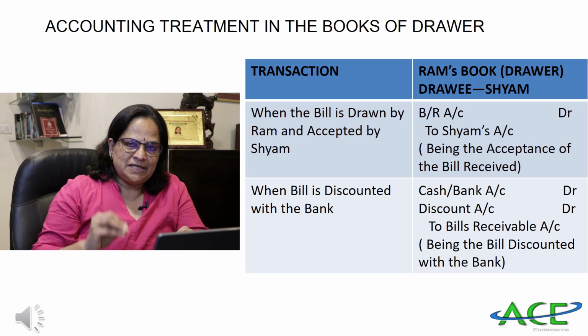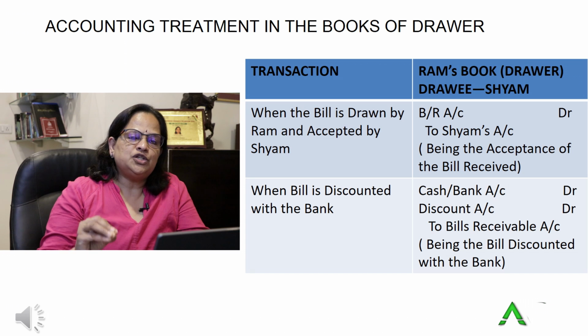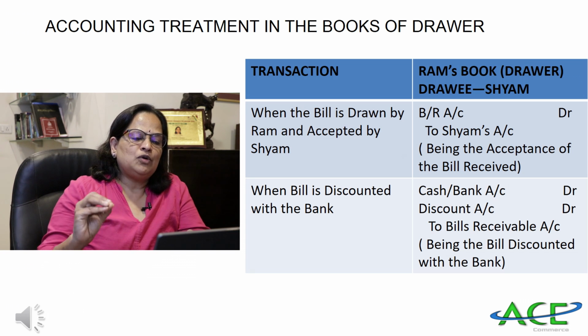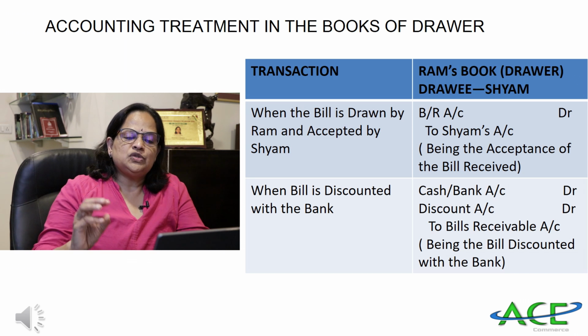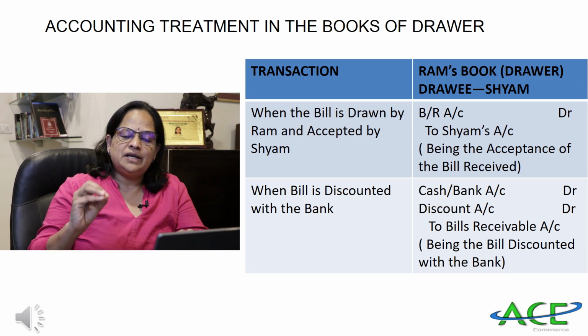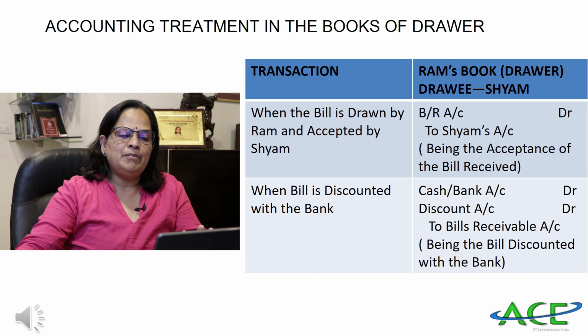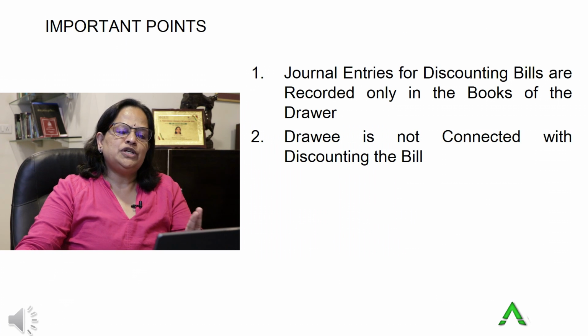So whether he is collecting cash or it's credited to bank, usual procedure is bank will credit the amount to the account holder. So that is the cash or bank account debit, discount account debit, to bills receivable account, being the bill discounted with the bank.